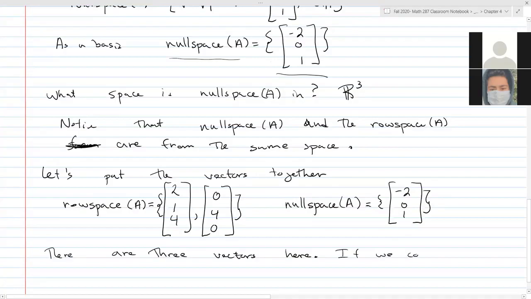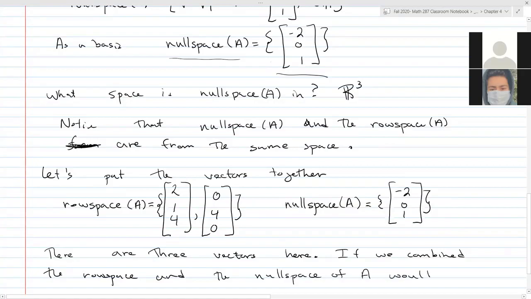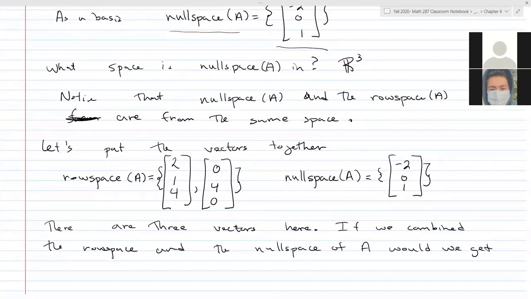If we combined the row space and the null space of A, would we get a basis for R3?